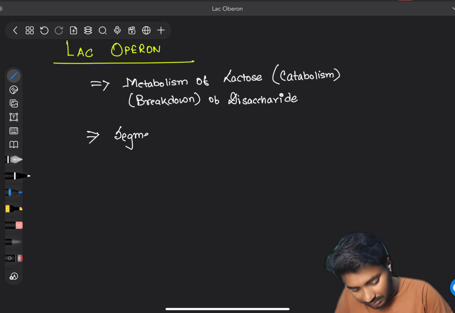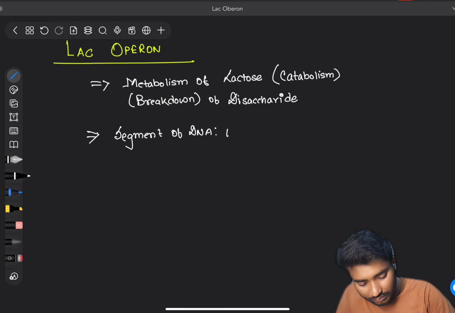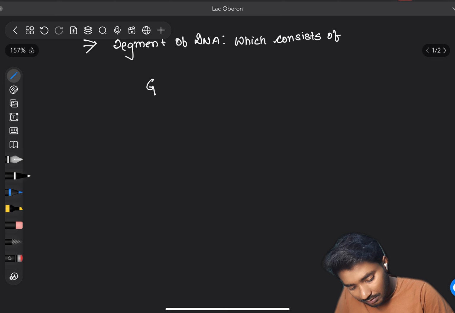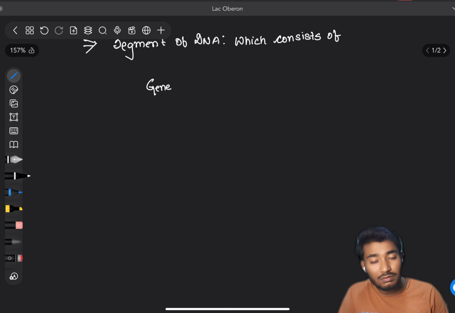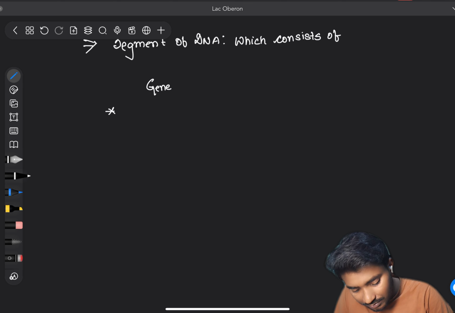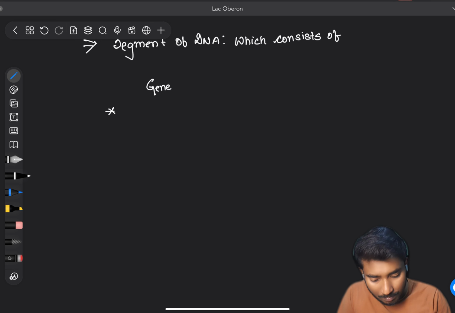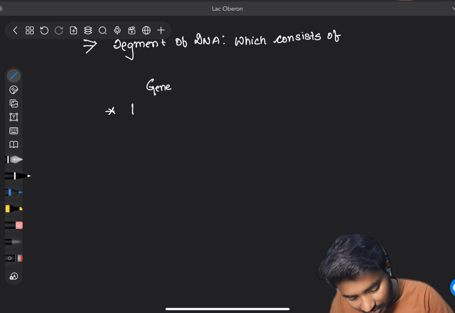A segment of DNA which consists of genes. The gene consists of the regulator, promoter, operator and the structural part.